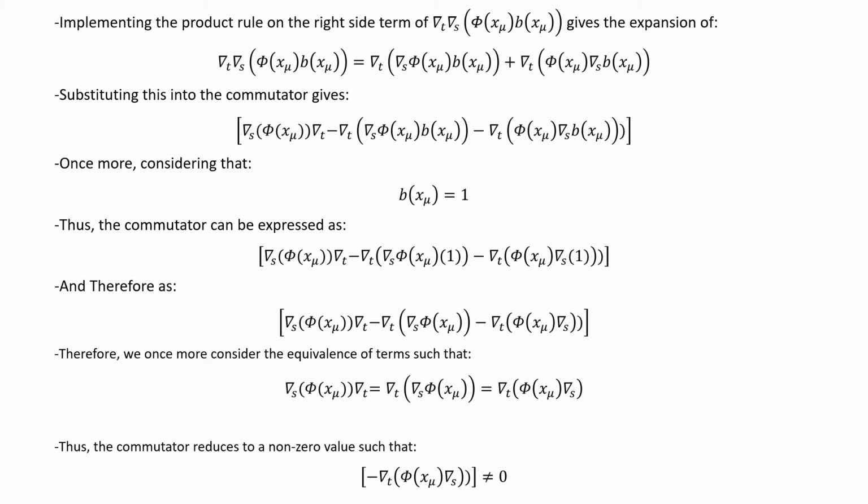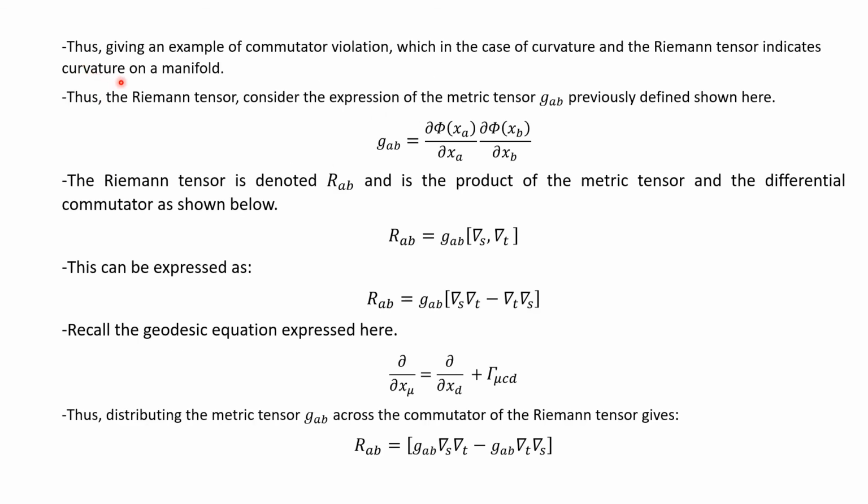So that's just a little example, commonly distributed amongst many different textbooks and lectures. Thus giving an example of commutator violation, which is the case of curvature in the Riemann tensor, indicates the curvature on a manifold. That was just an example, as I just stated. Thus, the Riemann tensor: consider the expression of the metric tensor previously defined.